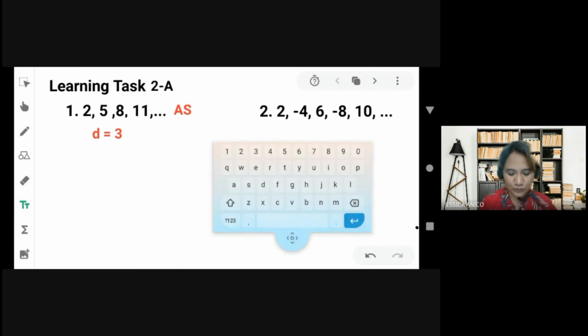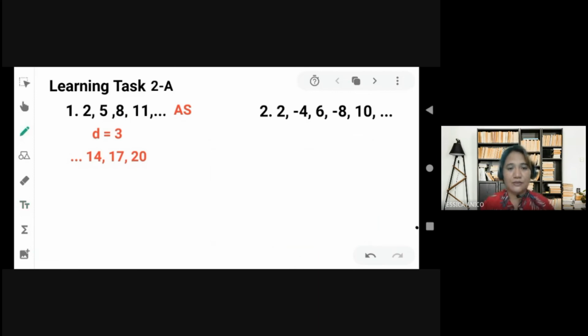So, ang kasunod po ng 11 ay 11 plus 3 ay 14. Then, 14 plus 3 ay 17. Then, 17 plus 3 ay 20. So, ayan po yung ating answer for number 1.